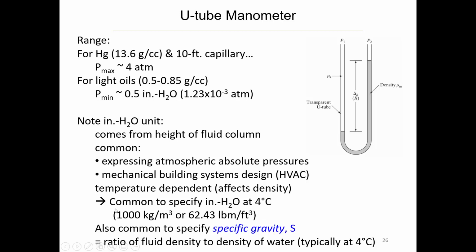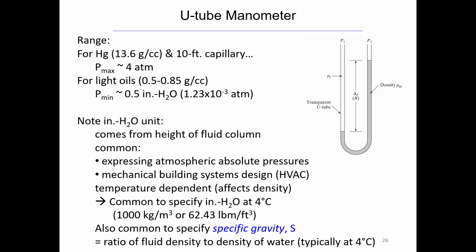These would be good things to keep in your notes, because it's not only useful for this unit, but it's also common to specify the density of a fluid relative to this. When we do that, we'll specify the specific gravity, which we symbolize with capital S. That's the ratio of the fluid density to the density of water, and again, typically at 4 degrees Celsius.